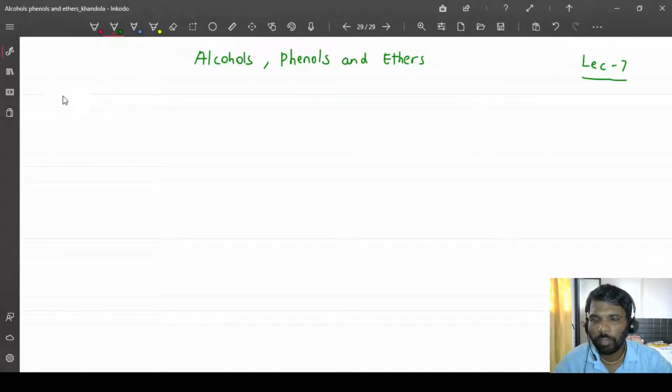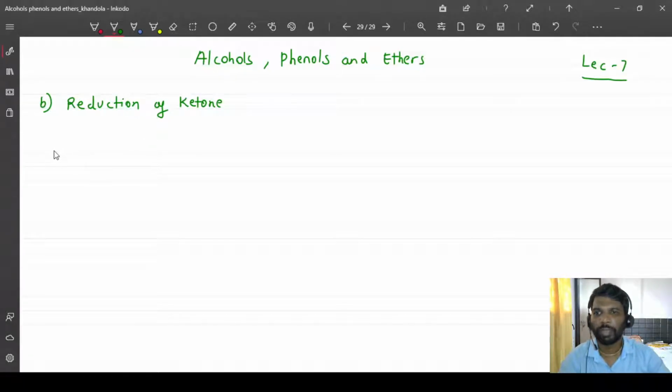Now, if we do reduction of the ketone, this is another carbonyl compound. I'll take this group R, C double bond O, R dash, and I am doing a reduction.